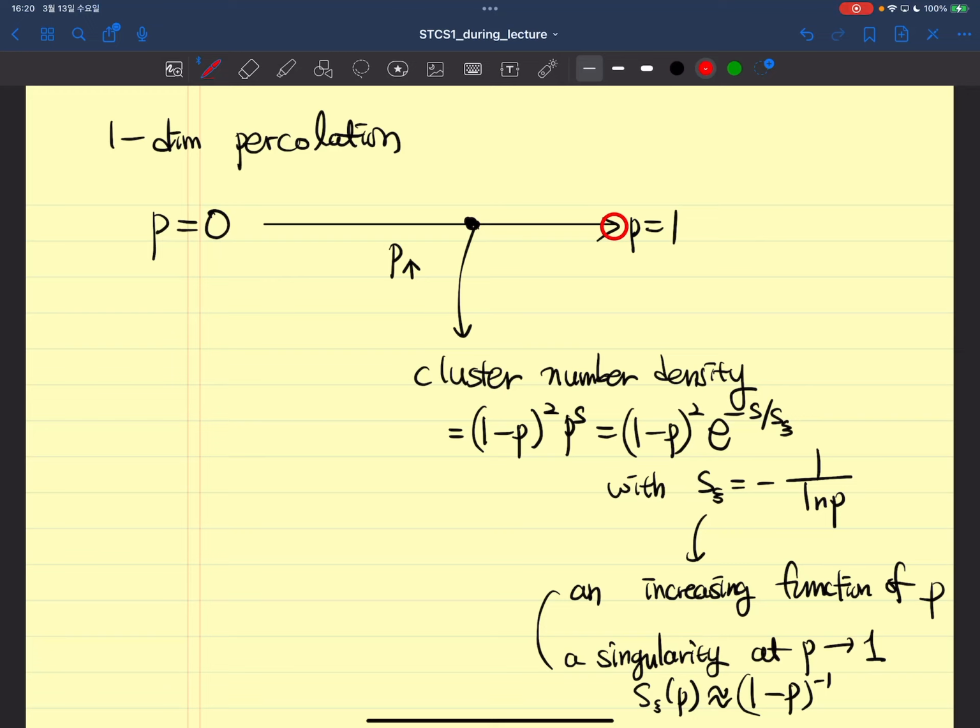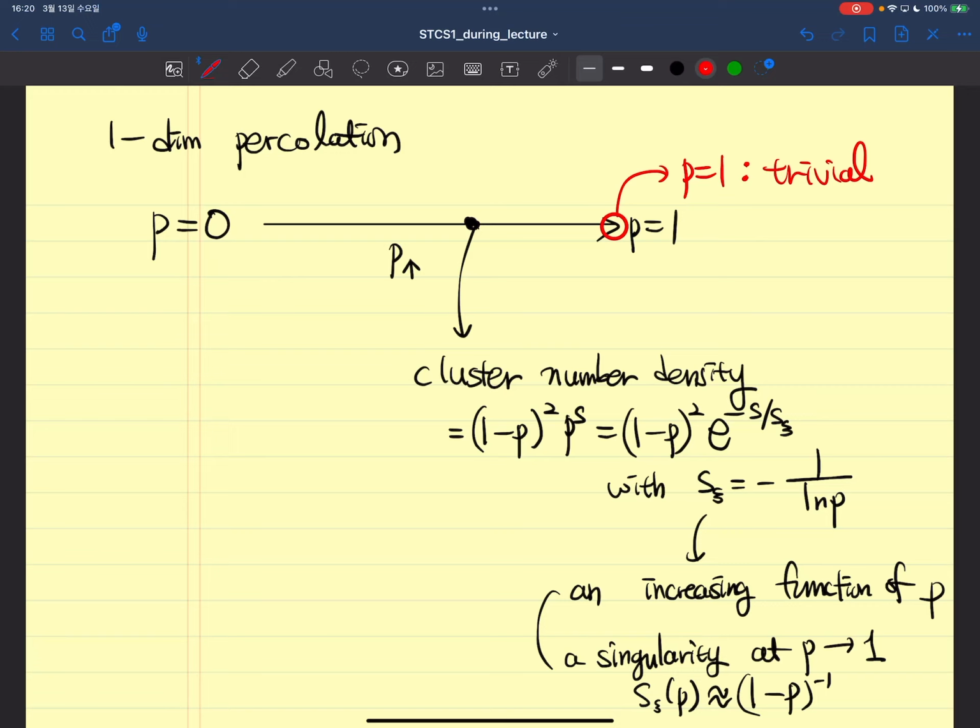But one particular interesting and kind of weird thing about this one-dimensional system is that this point is, you already know, a trivial point, or not quite an interesting point.